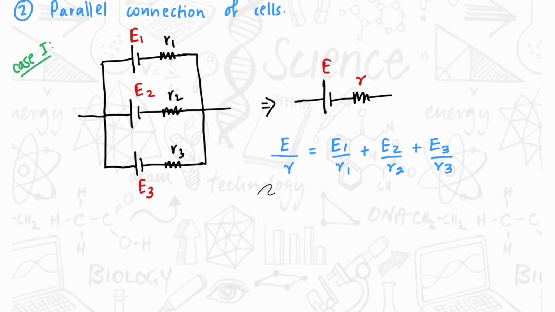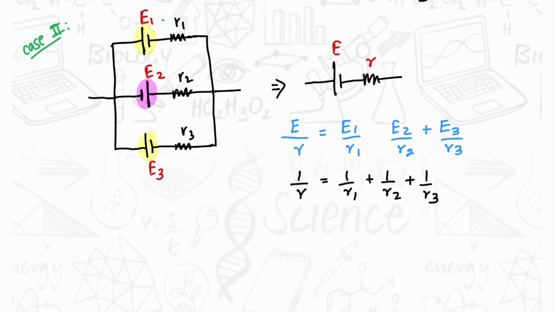And also, since these three resistors are in parallel to each other, 1 over R is equal to 1 over R1 plus 1 over R2 plus 1 over R3. Here note that in the second case, the terminals of this E2 cell are interchanged.